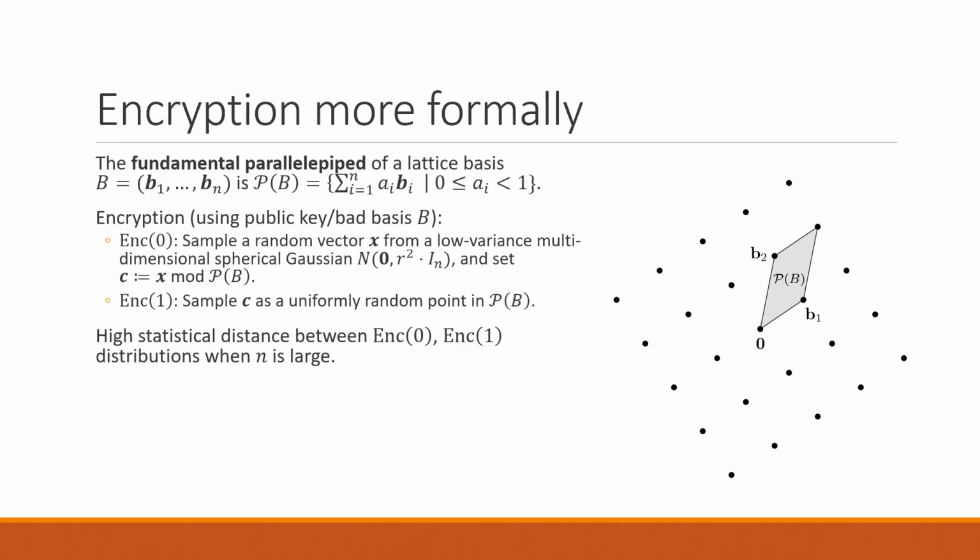And there's a tension between choosing R to be small, in which case you get high statistical distance between these distributions, and taking R to be larger, which will lead to higher security, because these 2 distributions will look similar. So you can maybe intuitively see that if you took a super high variance Gaussian and took it modulo the parallelepiped, it would look almost uniform. And we actually have good tools for analyzing the exact statistical distance between these distributions.